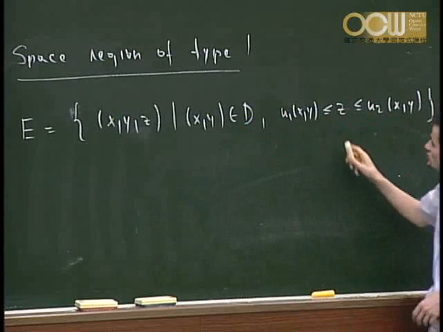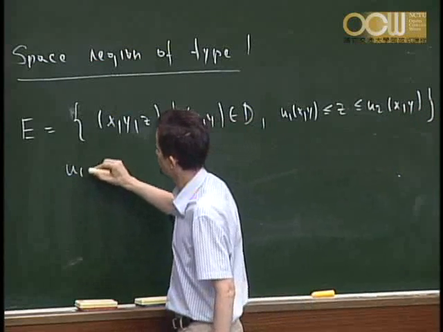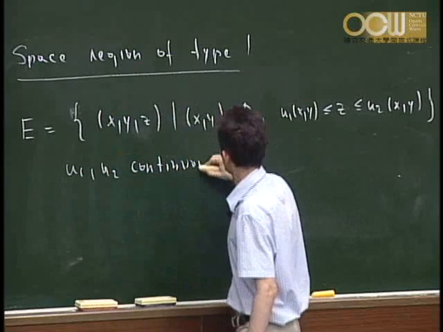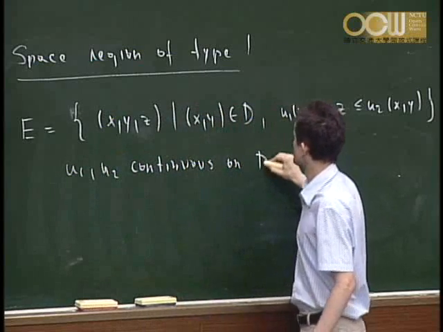And those two functions, u1 and u2, are assumed to be continuous on D, of course.